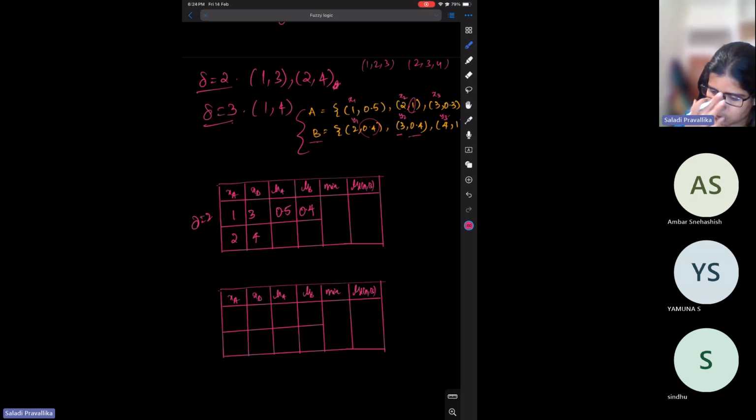For x equal to 2 in fuzzy set A, it is 1.0, and for x equal to 4 in fuzzy set B, it is 1.0. The minimum between 0.4 and 0.5 is 0.4, and the minimum between 1.0 and 1.0 is 1.0. So the maximum we'll take is 1.0. So this is 1.0 given delta equal to 2.